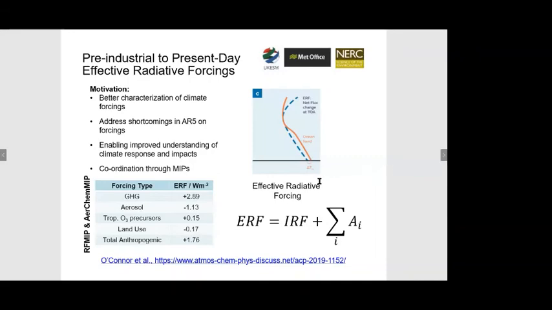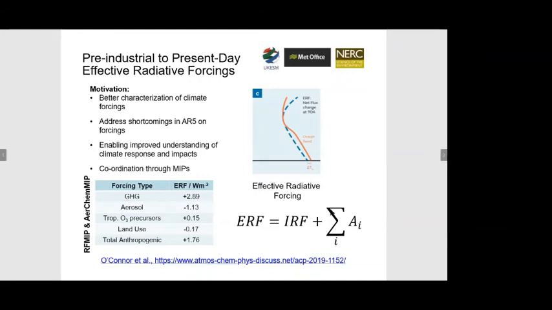So we're making use of the effective radiative forcing metric, which is represented here in the schematic. It includes the instantaneous radiative forcing that would arise at the top of atmosphere in radiative fluxes from an emission change, an emission of aerosols, for example, or a greenhouse gas concentration change.